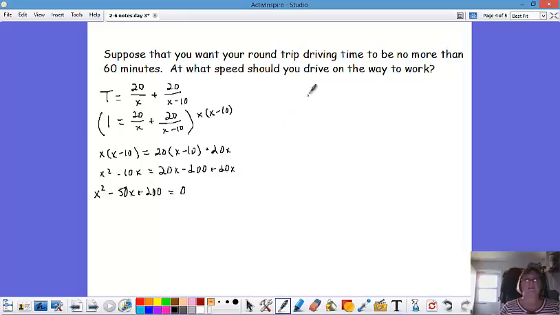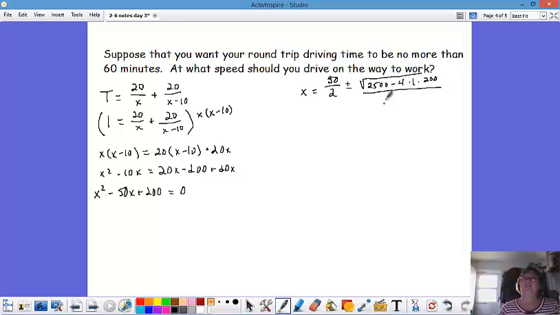And we can use our quadratic formula to solve that, although it could be factorable, but I'm going to just quadratic formula. X will equal the opposite of b, so 50, over twice a, 2 times 1 is 2, plus or minus the square root of the b term squared, 50 times 50 is 2500, minus 4 times 1 times 200.